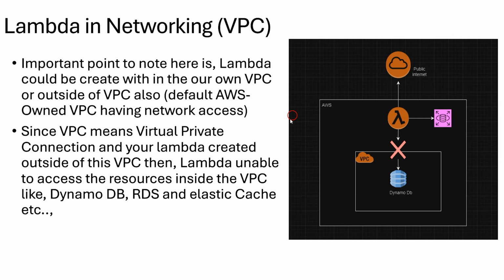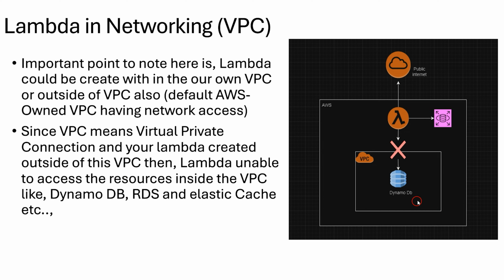Just look at this picture or flow diagram, where you have your Lambda created within the AWS environment. This Lambda can access this RDS data source, which is created inside the AWS network. But in the same AWS network, you have your own VPC, and inside this VPC you have another resource, DynamoDB.